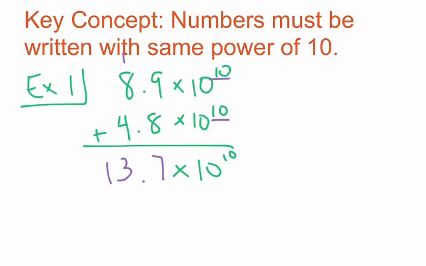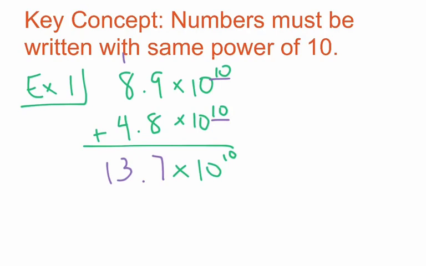That's the key concept. Once I have my exponents equal, I bring down the power, and then I add the multipliers, the numbers out front. Our multipliers in this problem are 8.9 and 4.8, and I add those together and end up with 13.7 times 10 to the 10th.